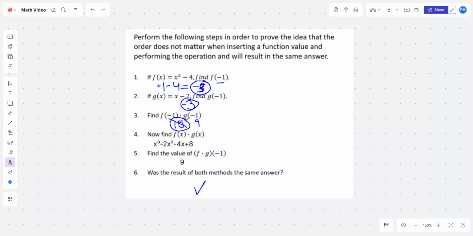For the second one, you can put both functions together, multiply and FOIL it through, then implement the value into the expression, and you should get the same value.